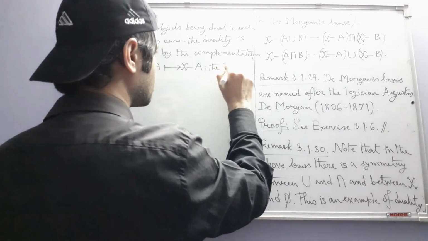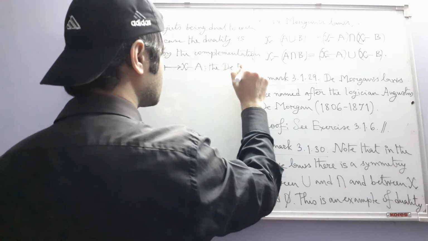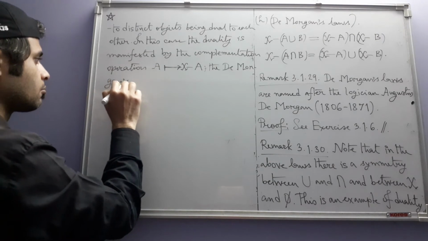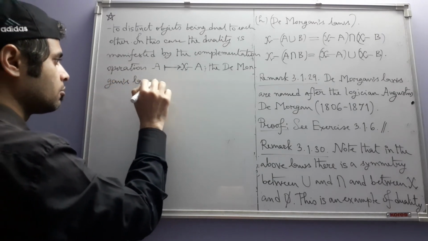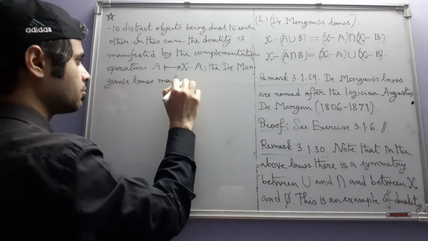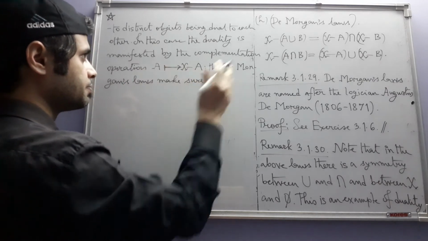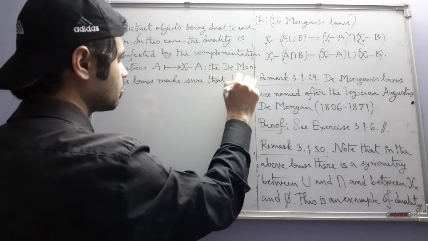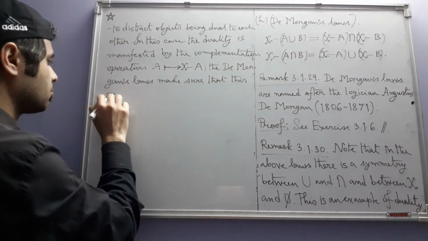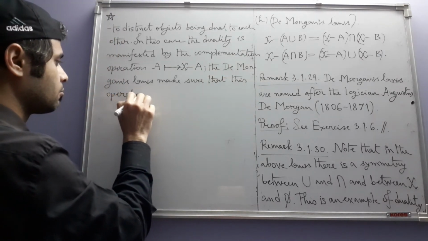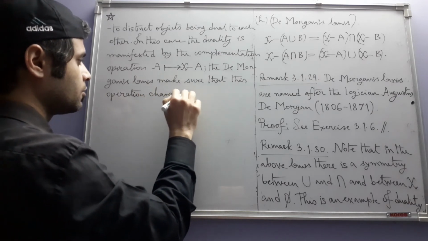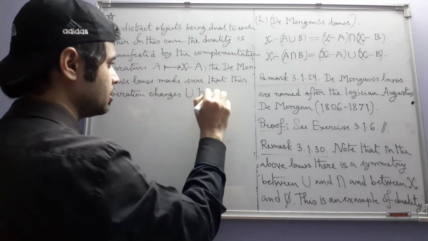The De Morgan's laws make sure that this operation changes union to intersection.